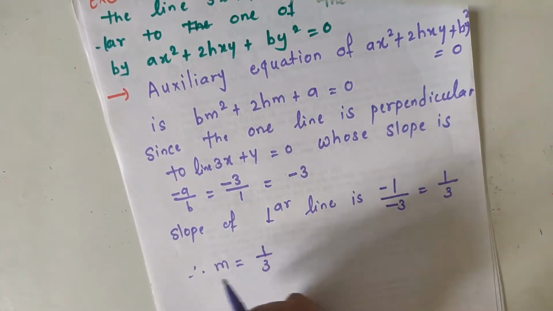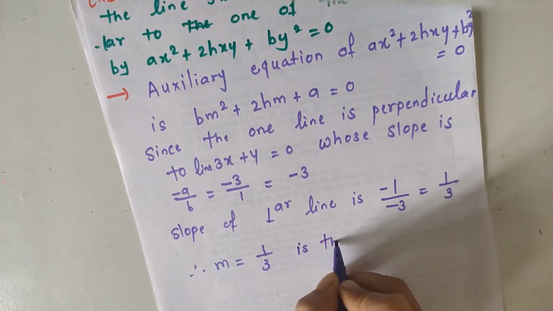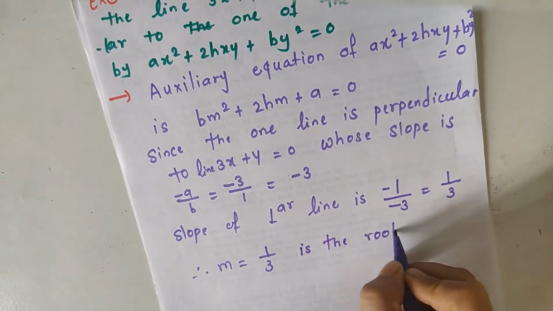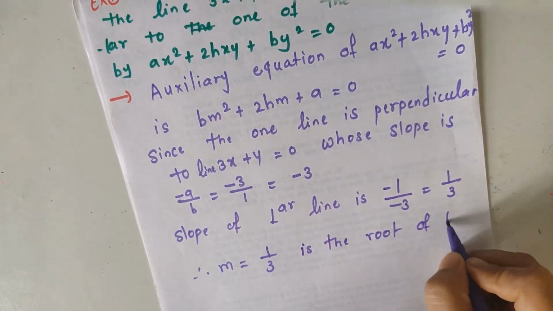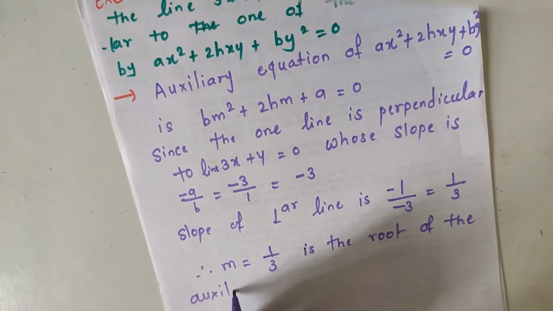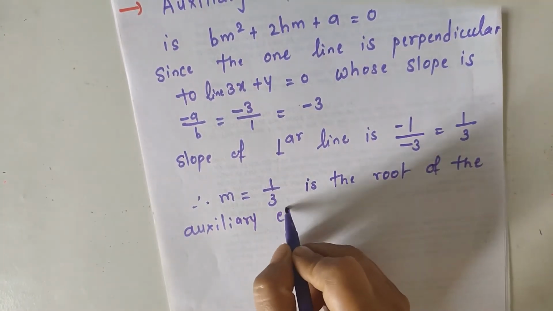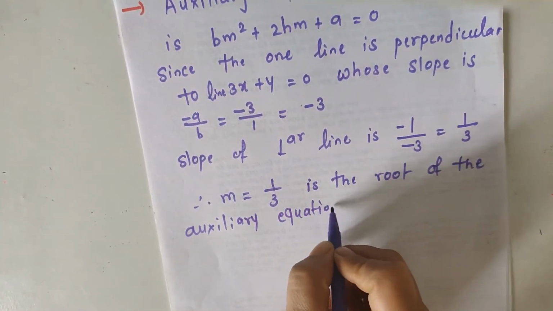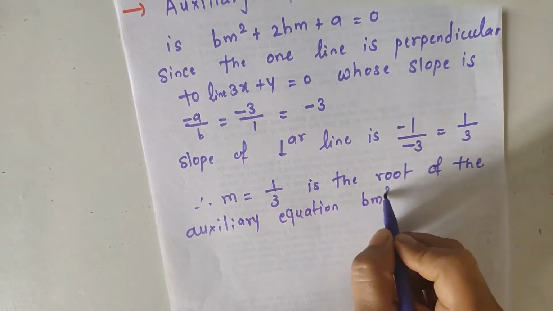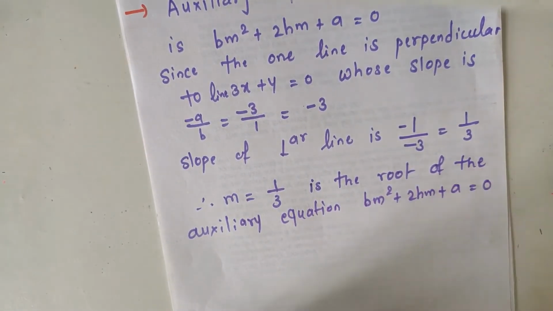So here we use that m equal to 1 upon 3 is a root of the auxiliary equation bm square plus 2hm plus a equal to 0.